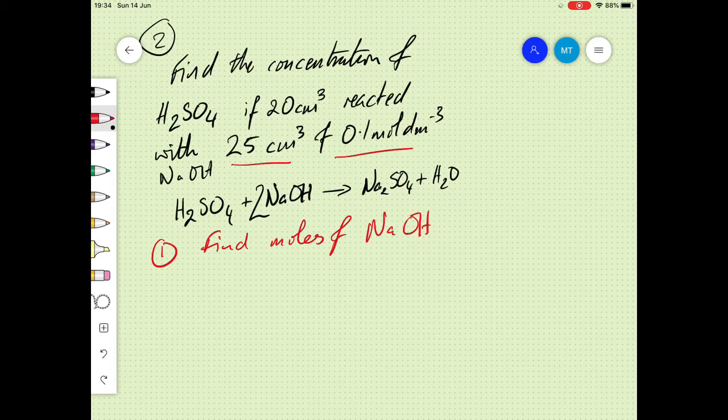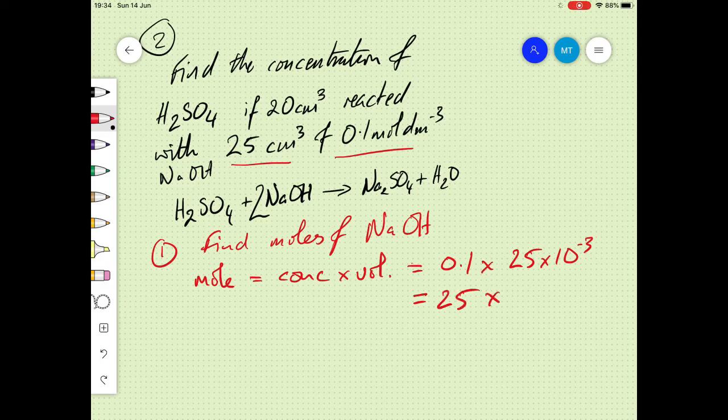Moles equals concentration times by volume in decimeters cubed. So therefore it's going to be 0.1 times by 25 divided by 1,000. So that's 25 times 10 to the minus 3. Use some fancy indices. And that should equal 25 times 10 to the minus 4 moles.